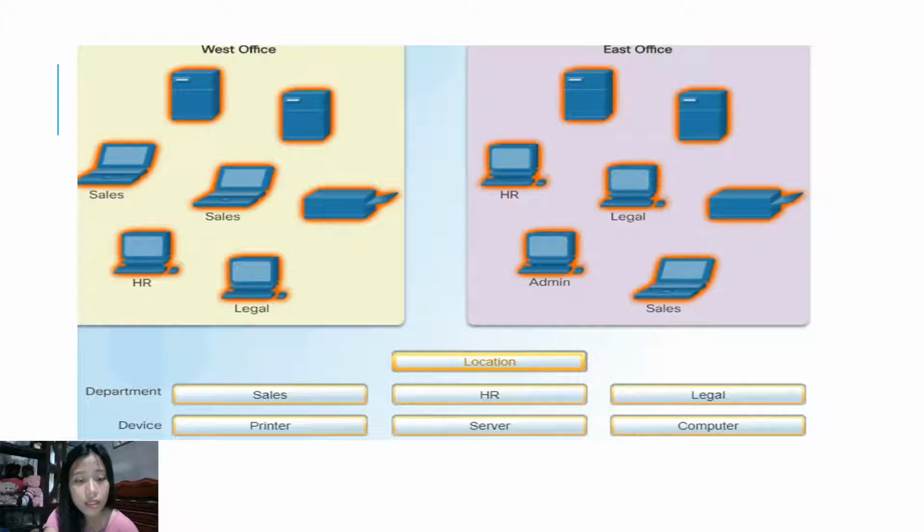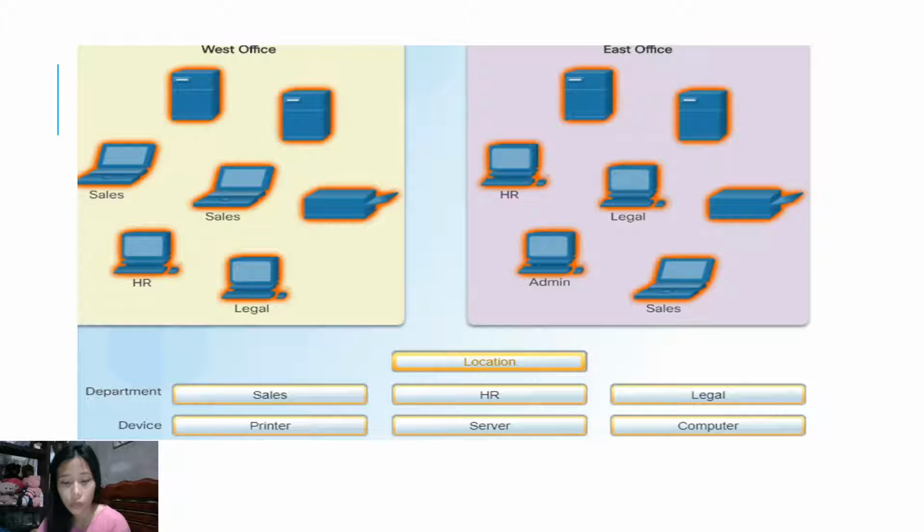As you can see in this department, for the sales, it's only specific devices. We also have the West Office and East Office. So that's the IP addressing for a small network.